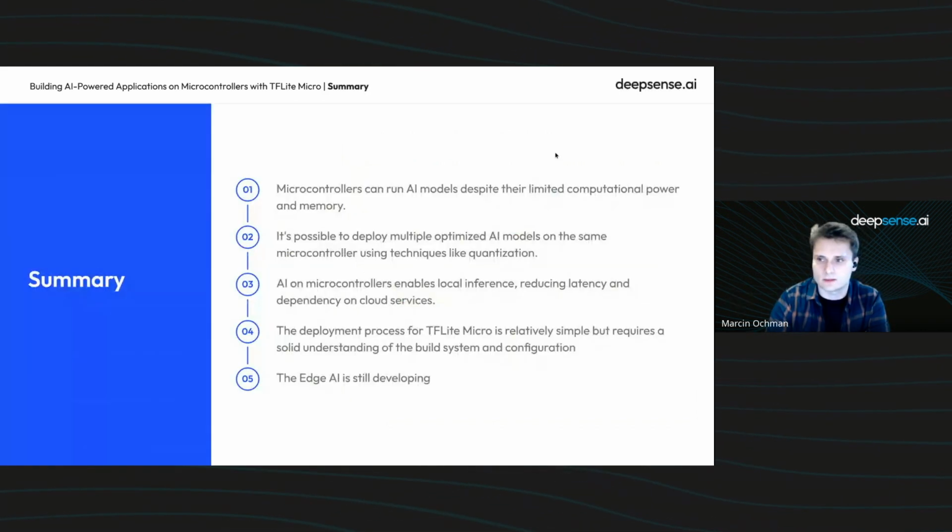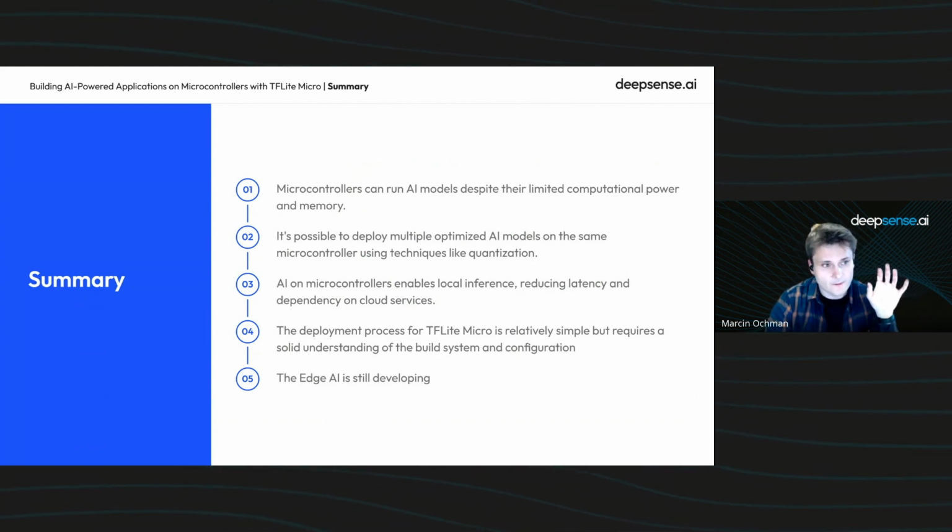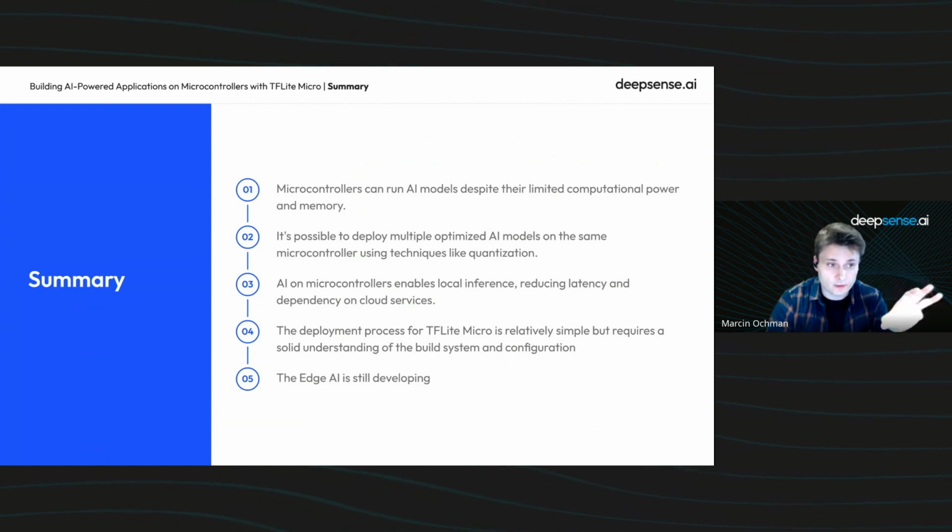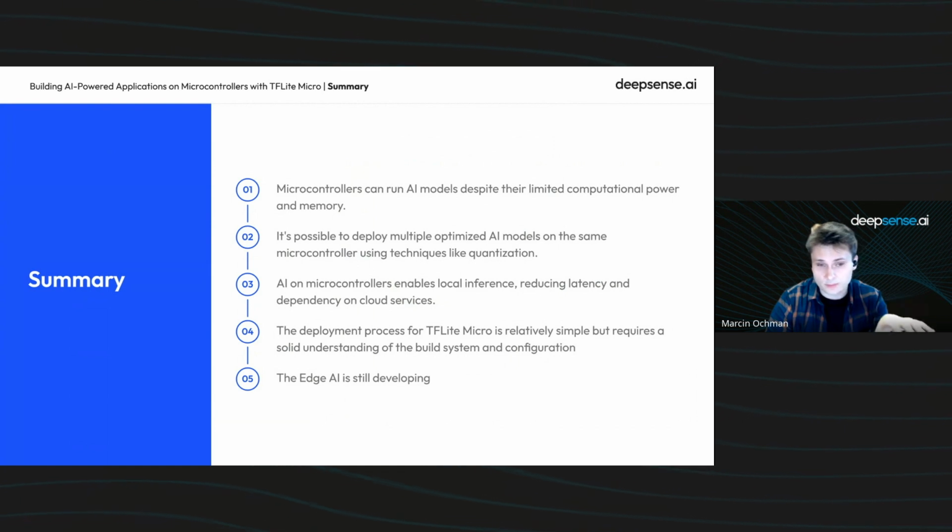And to wrap up our discussion, let's take a moment and reflect on the key takeaways from this presentation. First, despite the microcontrollers' limited computational power and memory, microcontrollers are fully capable of running AI models. Another important point is that it is possible to deploy multiple AI models on a single microcontroller.